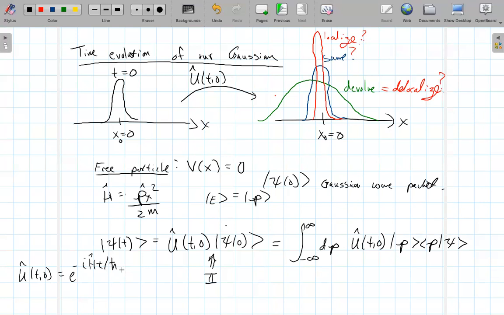So let's use that in here. This is equal to the integral from minus infinity to infinity dp of e to the minus i Hamiltonian t divided by h bar, |p><p|psi>. Sorry, and this is the time 0 psi.